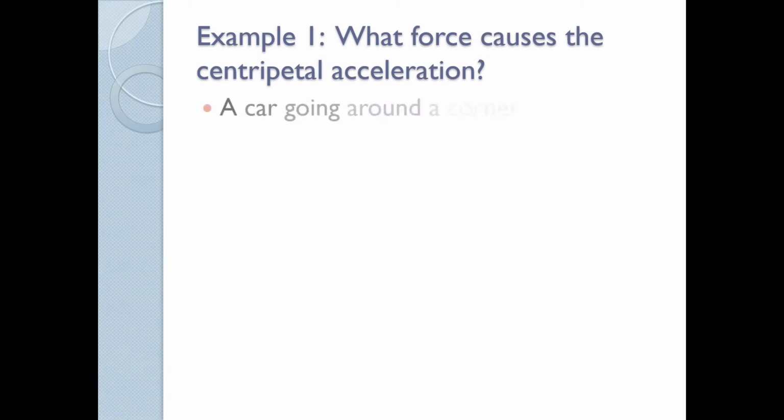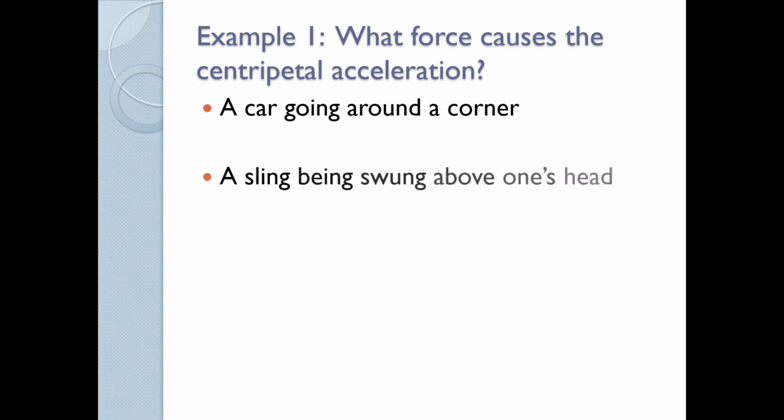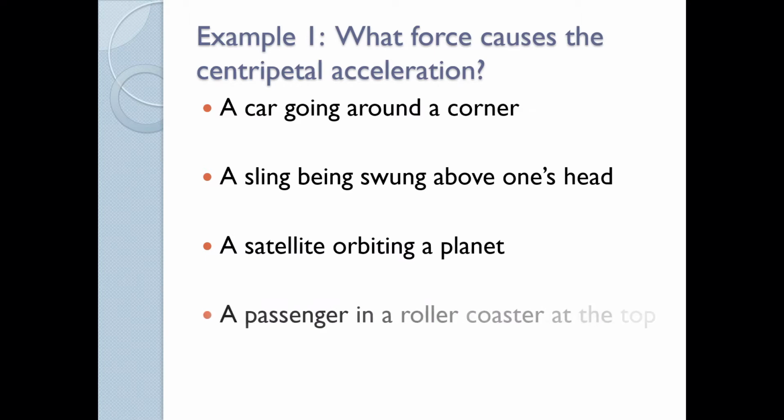All right, so first, when regarding circular motion, there's always going to be a force that causes the circular motion or the centripetal acceleration. And depending on the context of the situation, the force that's going to cause the centripetal acceleration or the circular motion is always going to be different. So presented here are four situations of something going in a circular motion.